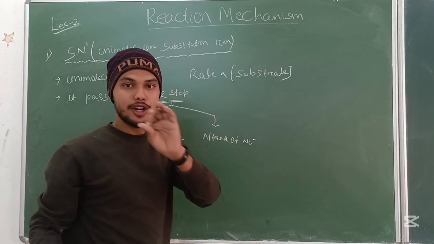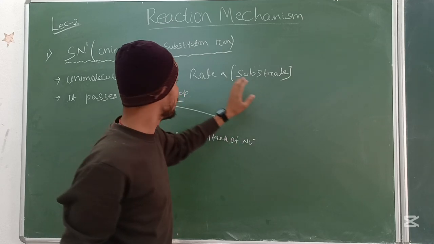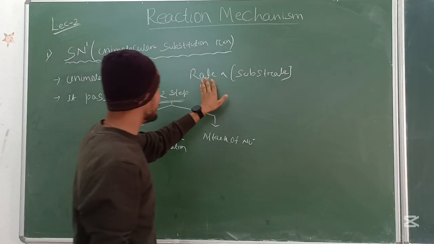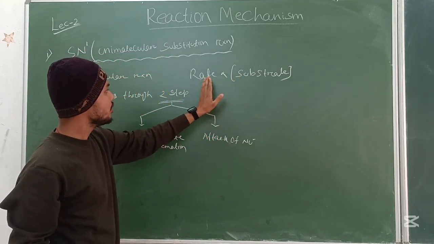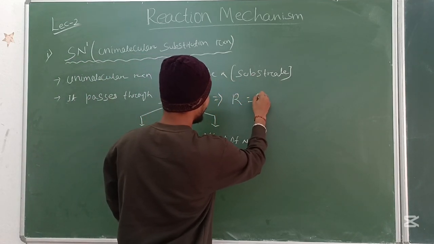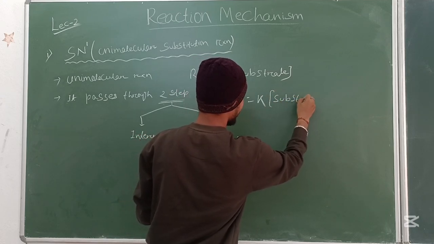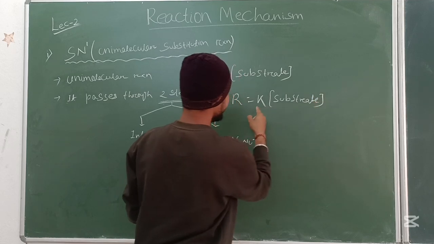It doesn't depend upon the nucleophile. It depends upon only one molecule, that is the substrate, so it is a unimolecular reaction. If we write the rate law, rate equals k times the substrate, where k is the rate constant.